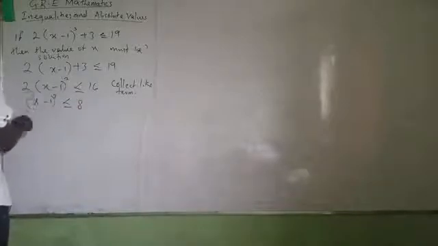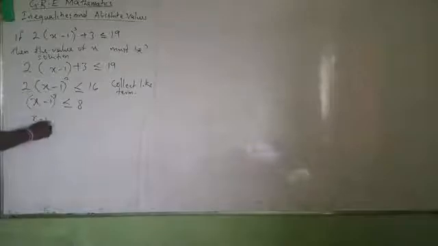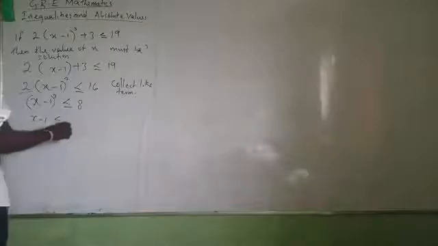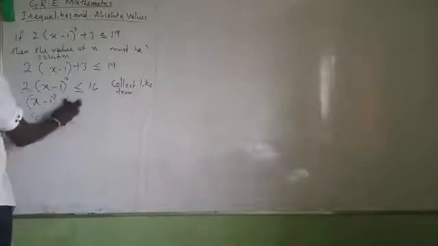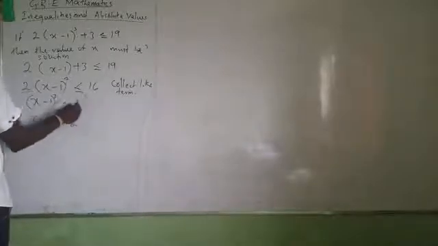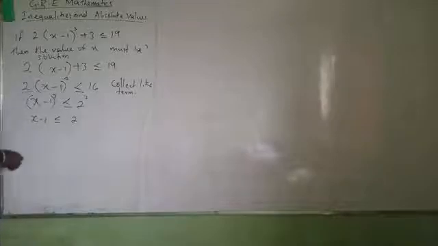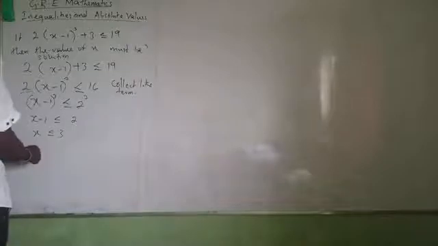I divide both sides by 2, and I have x - 1 less than or equal to 4, which I can write as 2 raised to the power 3. Since I have that, my x will be less than or equal to 3. That is my value of x.